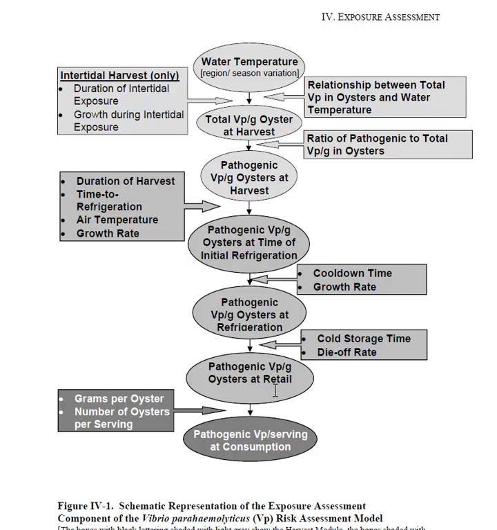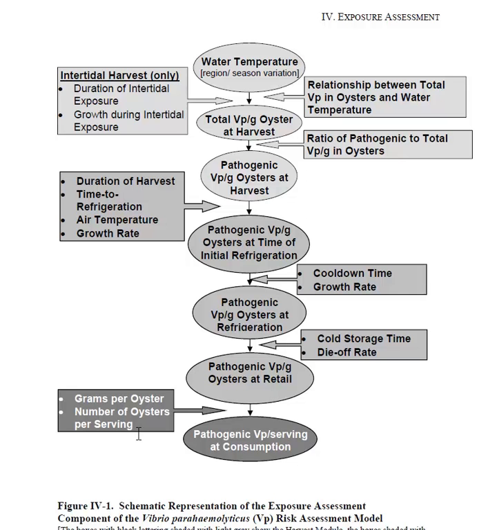This is right before consumption. So we have this story that we've been telling, which is basically all done to try to estimate how many pathogenic Vibrio you have on average per gram of oyster flesh at the time you're going to eat them.